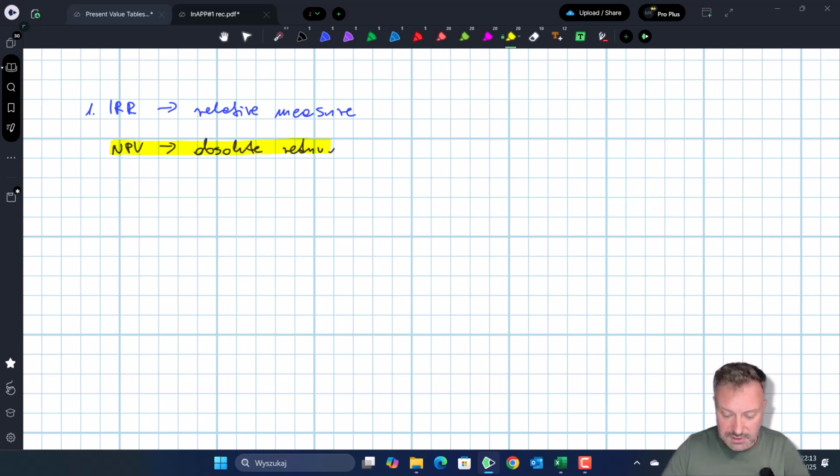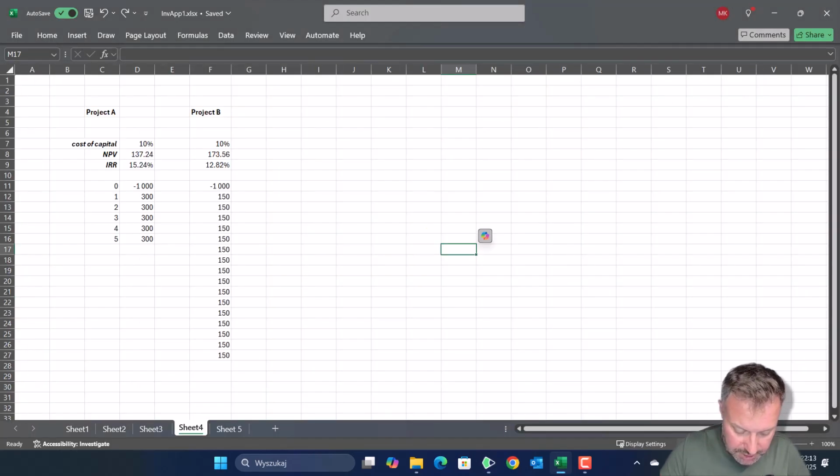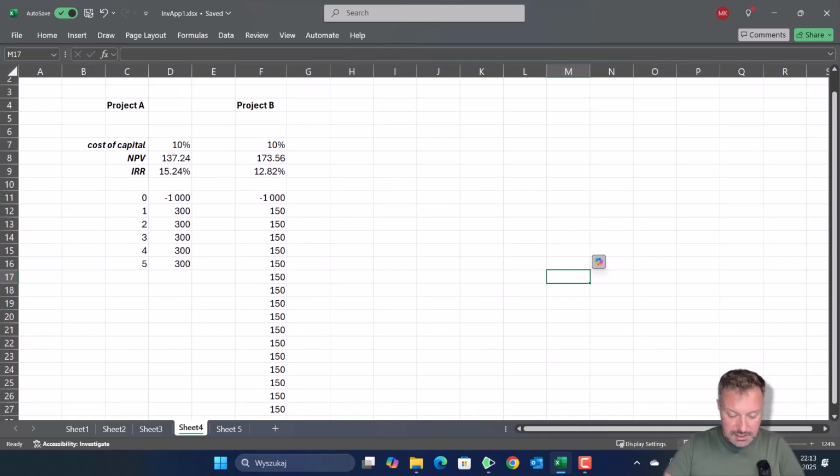And just to give you an example of what I'm talking about, I will show you two projects which I included here in this spreadsheet. Let's assume that the company is considering two investments, project A and project B. The company has just sufficient capital to invest in one of those projects.